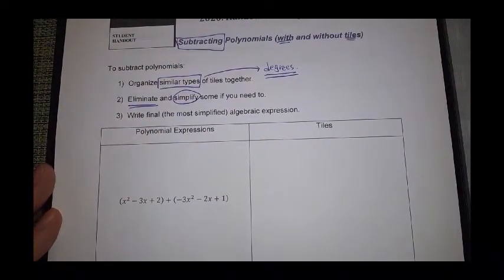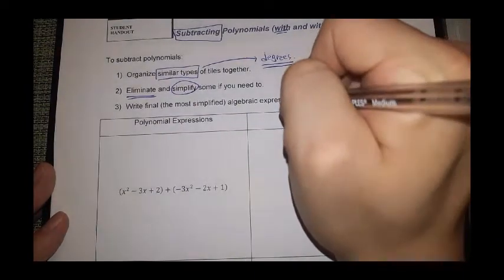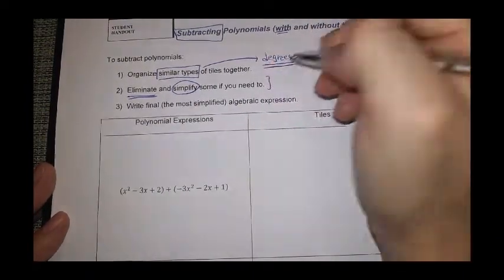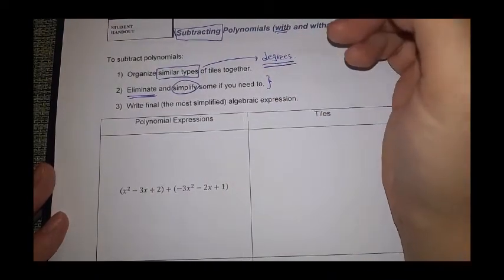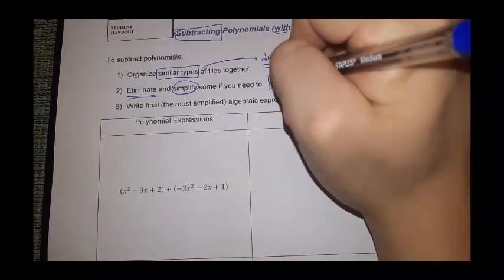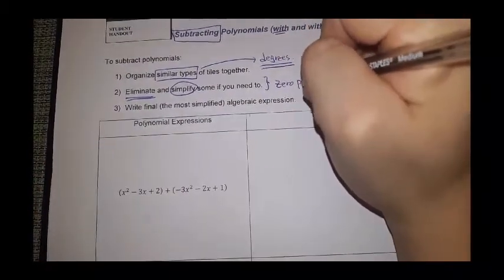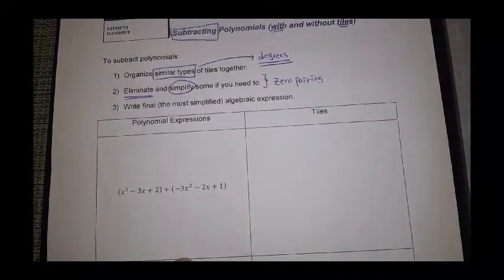And then we're going to eliminate if needed, which is called the simplification step, and we're going to put the final algebraic expression. This elimination step we refer to as the zero pair step. Zero pairing step, just as a heads up.